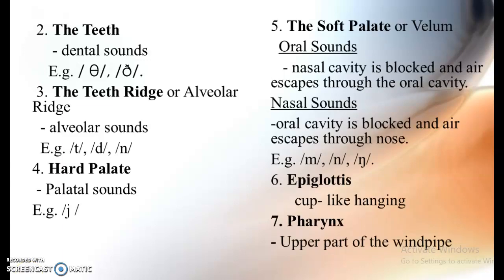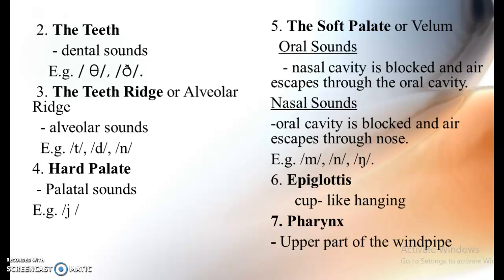After that, you have the hard palate. Now, the hard palate is seen below the teeth ridge in the roof of the mouth. It is a concave bony surface and only the sound y is produced and it is known as palatal sound. And after that we have the soft palate.